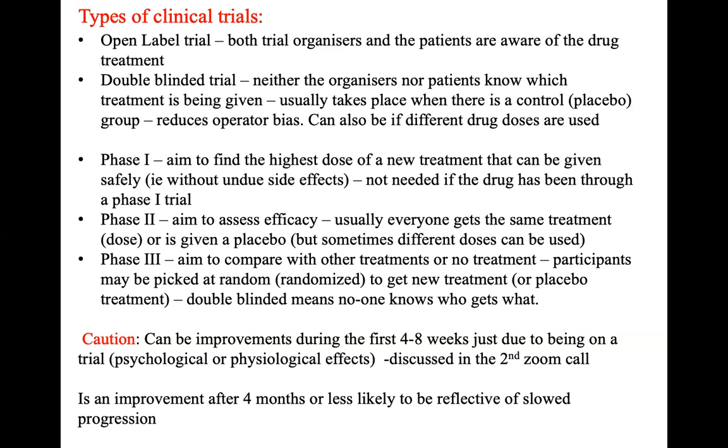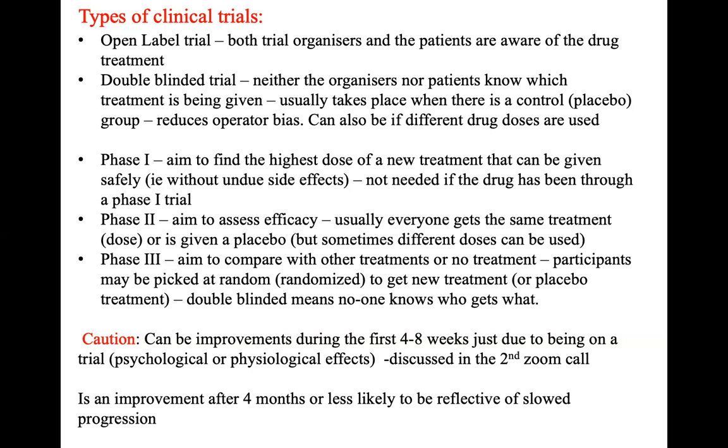Another type of trial is called double-blinded, and that's where neither the organisers nor the individuals know which treatment is being given. This often will take place when there's a control placebo group and a treated group, or if two different drugs are being used. And the rationale for that is to reduce operator bias.